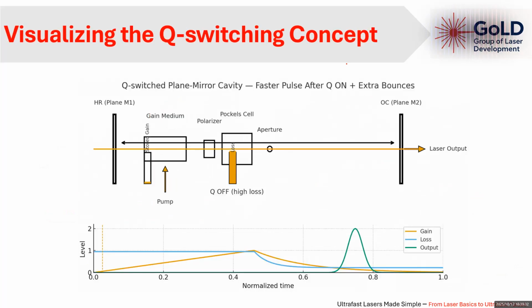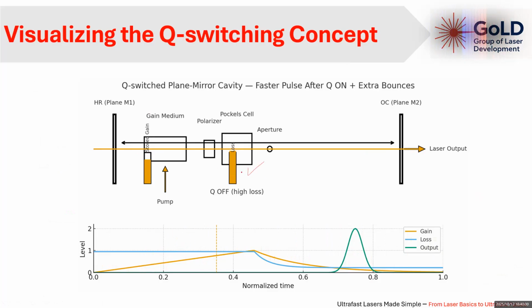At the end, if you see here, it's animated actually, how it works: the gain medium, the Pockels cell and the graph here. Okay, so losses, low losses, high losses. When it is blocked here, it has high losses.